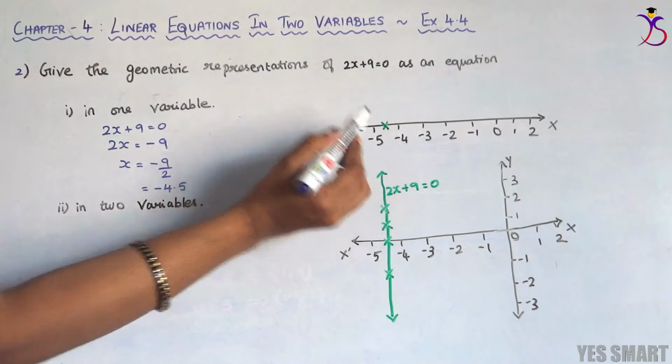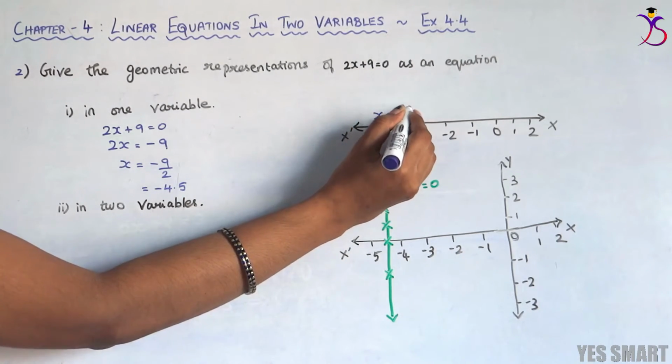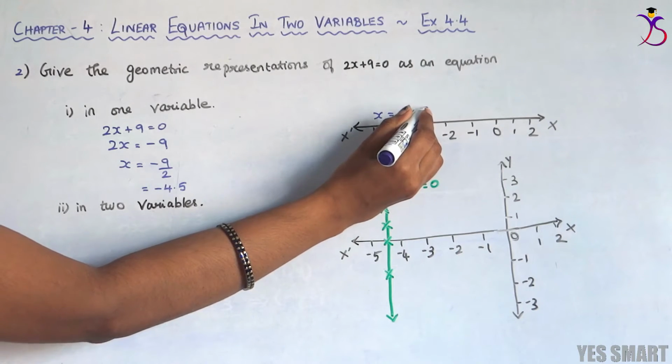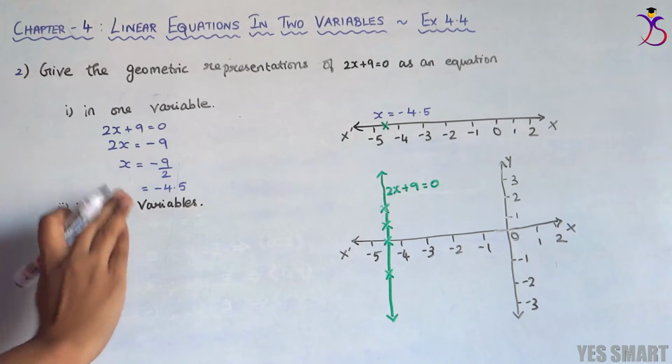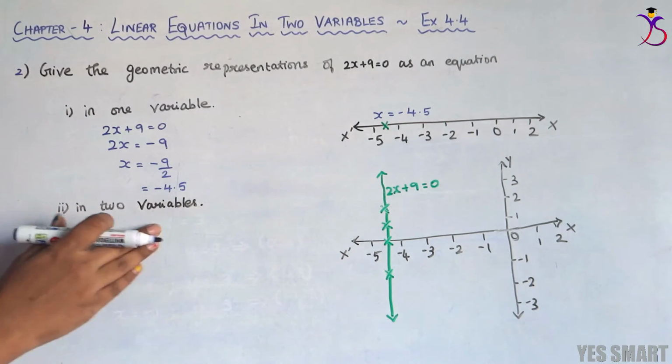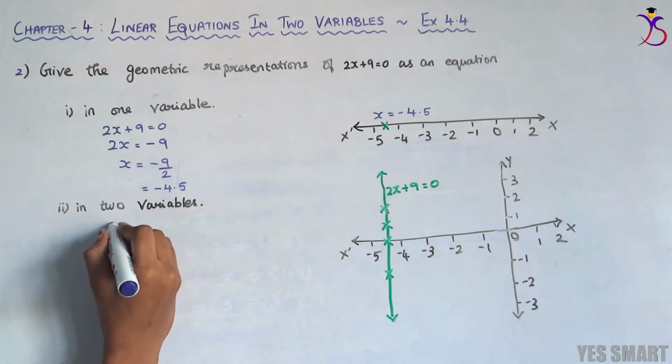So here we have the axis. This minus 4.5 lies between minus 4 and minus 5, so x is equal to minus 4.5. Since it is only one variable, we have only one axis in which we have plotted it. Now moving on to the second subdivision, in two variables. We already have 2x plus 9 equal to 0.